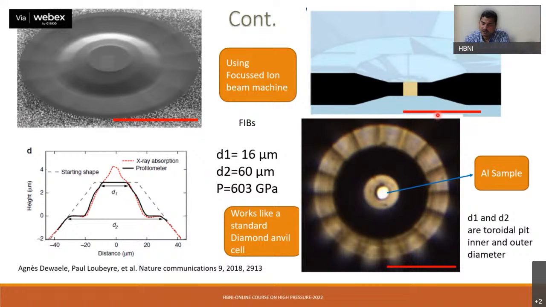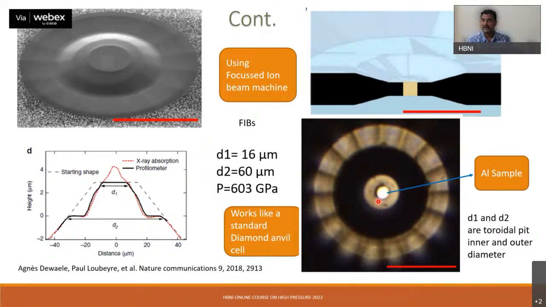And this is one particular photo. Here we are not using the double stage anvil. We are using the same kind of diamond, but we are changing the profile of the culet in terms of a toroid. So with the toroid, what happens? It makes it possible to do all those kinds of experiments which are possible using normal diamonds or bevel culet diamonds.